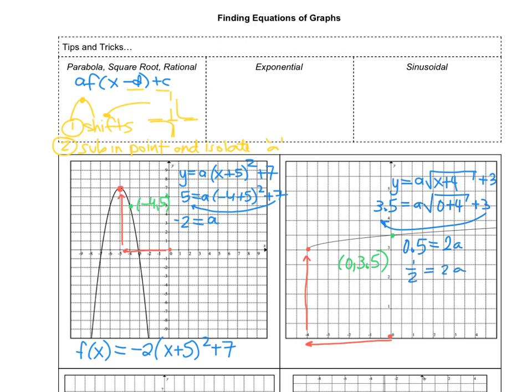And now I'm going to divide both sides by 2, or instead of dividing by 2, I can multiply both sides by a half. So now I can clearly see that my a value is 1/4, and then I can put it all together. F of x equals 1/4 square root of x plus 4, plus 3. And there it is.